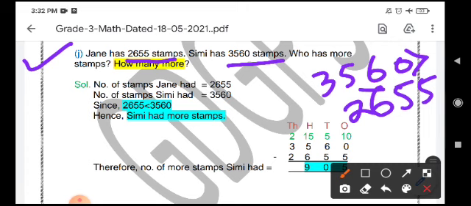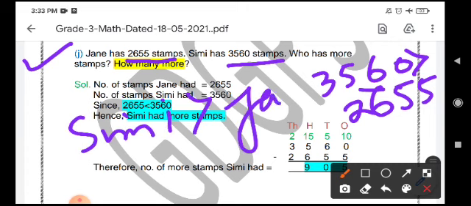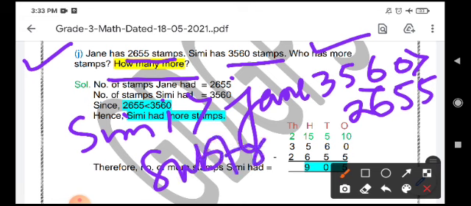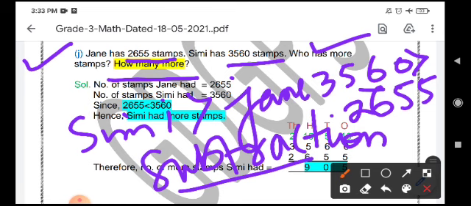That is, Simi has more stamps than Jane. Okay. Who has more? We are done with this. We know Simi has more. We can answer this part. But how many more? How many more is a key word for subtraction. So we have to subtract the smaller number from the larger number.